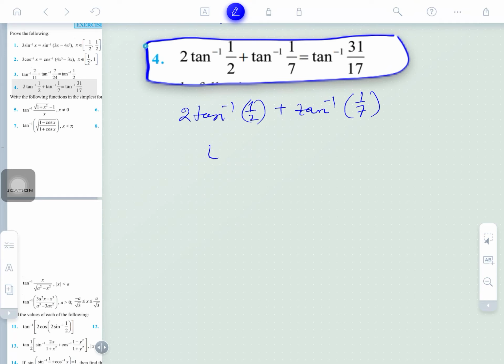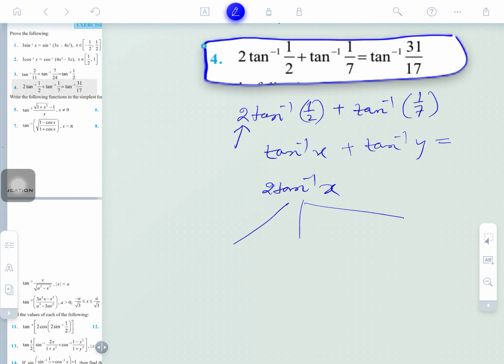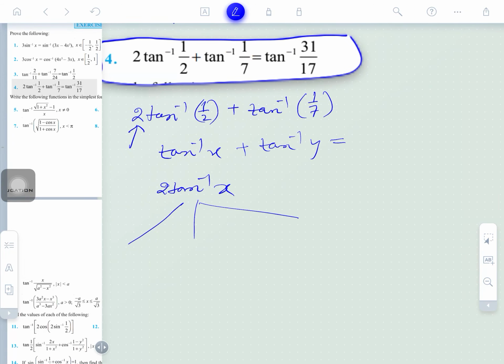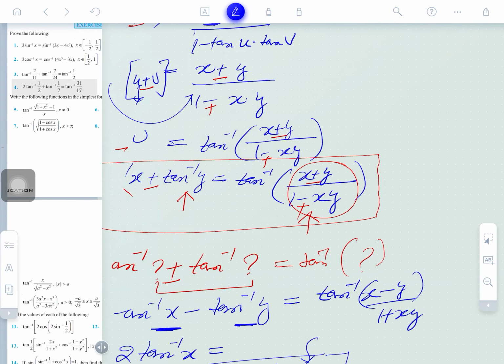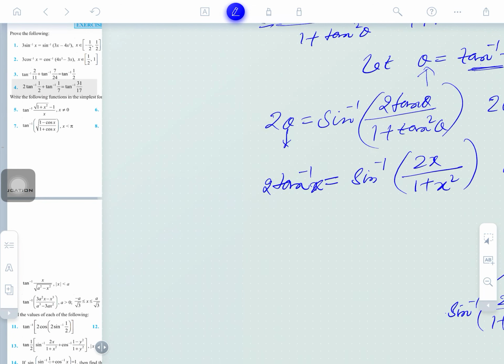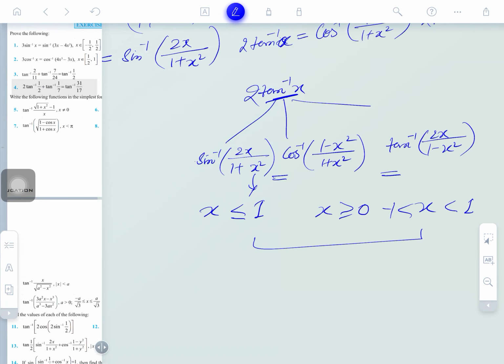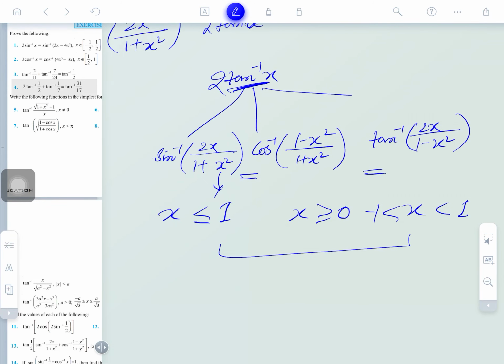Clear? The identity we know is tan inverse of x plus tan inverse of y, but here the 2 is occurring, so we need another identity we have studied. 2 of tan inverse x can be connected in 3 ways, with sine, with cos, and with tan. Yes, 2 tan inverse x can be written in sine, cos and tan forms.